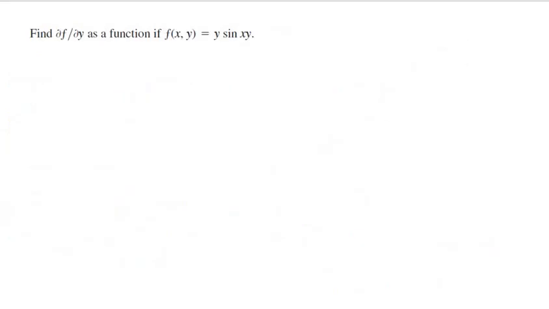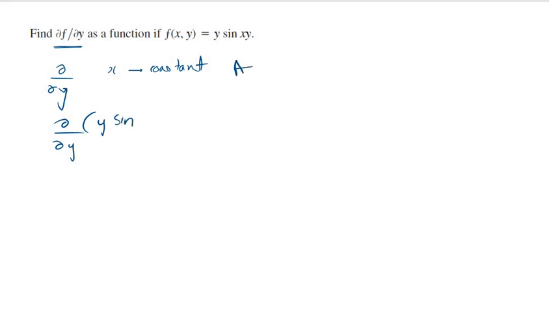So in this question, we are asked to find the partial derivative of f with respect to y. When we want to find the partial derivative with respect to y, we keep x constant. So let's write the function again. It would be the partial derivative with respect to y of y sine x, we'll say x is a, so it's y sine ay.